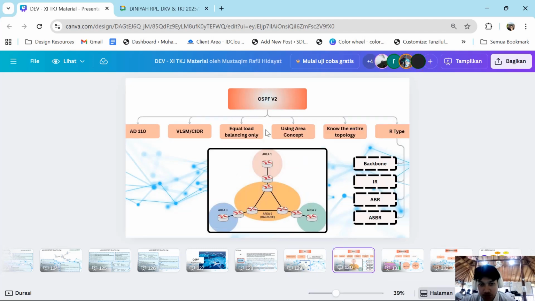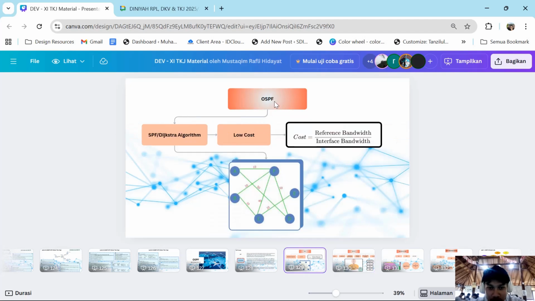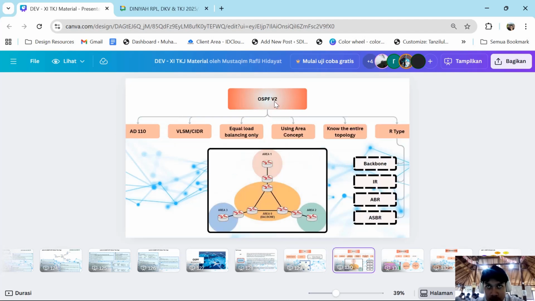All right. In the previous material I taught you about OSPF version 2. OSPF has three versions: the first version, the second version that we always use, and the third one.